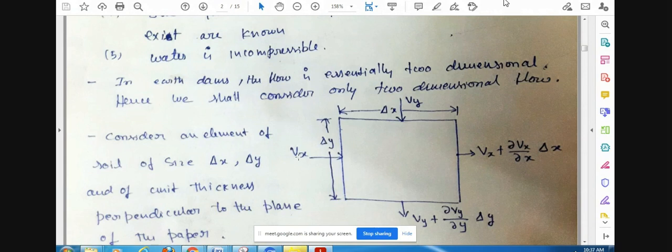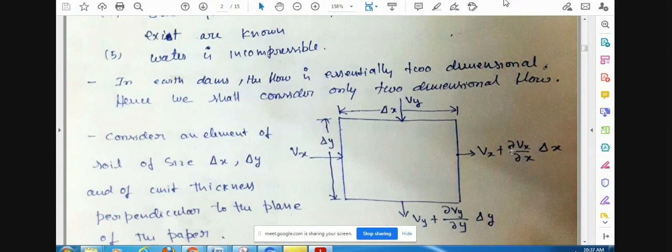Now Vx is the velocity of the seepage component in the x direction, and Vy is the velocity of seepage in the y direction. These are the entry components. Then the exit component is Vx plus ∂Vx/∂x into delta x.